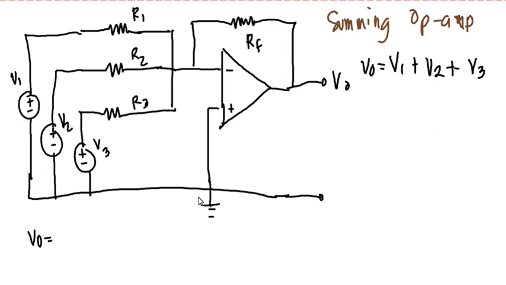For example, we will be considering V1. That means this will be shorted, this will also be shorted. So adding aside, automatically this will be zero. It has no contribution. This one is automatically zero because it is grounded. It has no contribution.